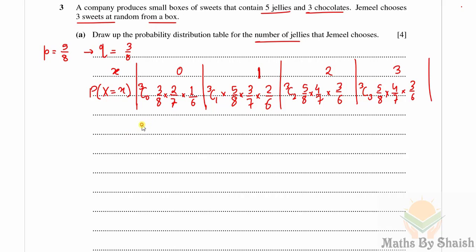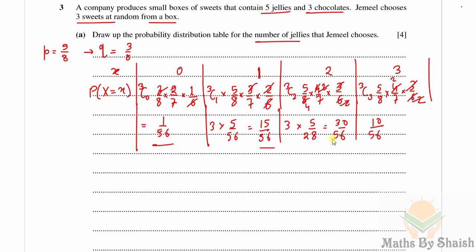We'll simplify it. It is going to be 3 times 2 over 6, cancelled, so 1 over 56 here, and I should have written it here only. And then the next one is 3C1: 3, 5, 3 times 2 over 6, cancelled, and it is going to be 5 over 56 here, and again the denominator is 56 everywhere. I hope it is clear.